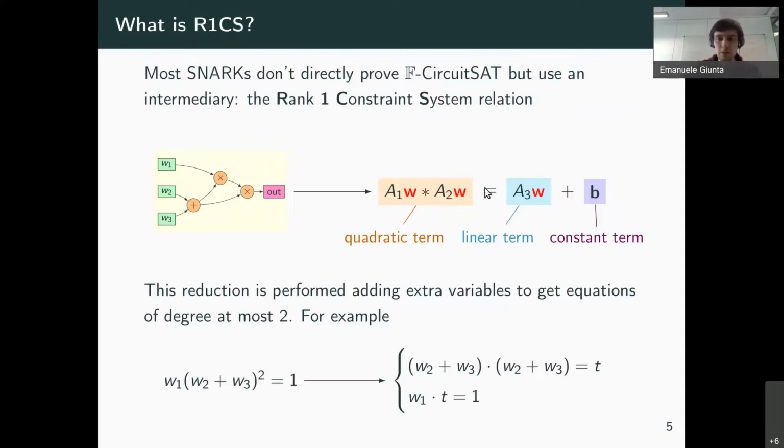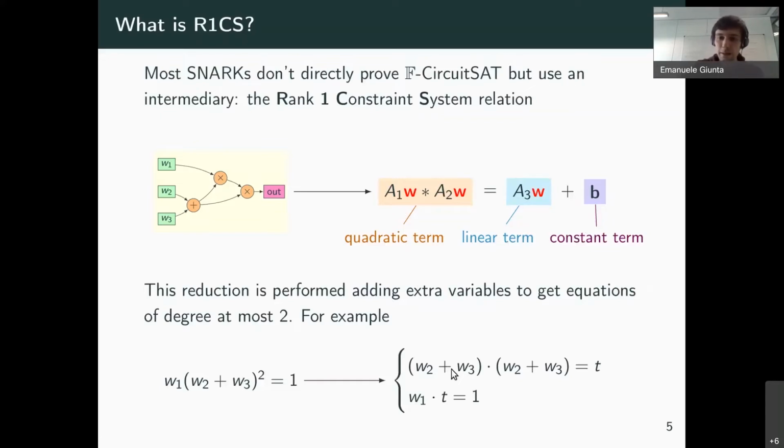As expressed above, here we have only the first two terms that are quadratic terms. By the way, sorry, with the asterisk here I mean the component-wise or Hadamard product, if you prefer. And of course, the light blue part is the linear terms that appear, for instance, in the example below as the term t. And finally, there is a constant term, which is also important because we eventually want the whole circuit to evaluate to 1.